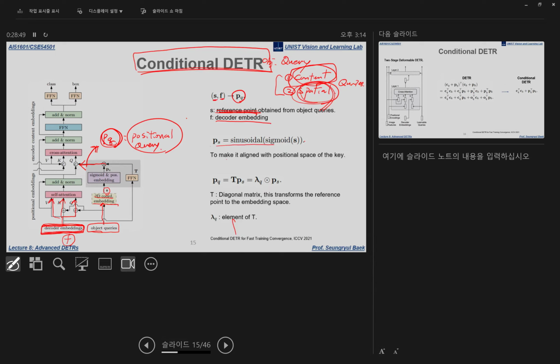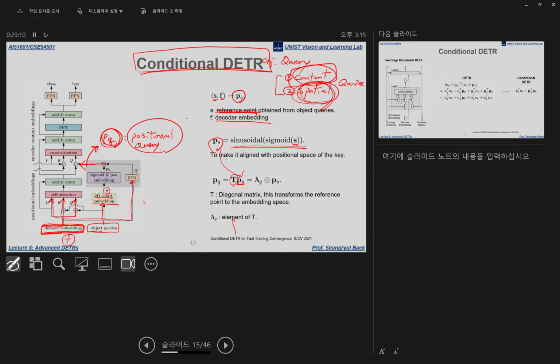And this is how it works. In the middle, we estimate P of S by applying this to the S. And also P of S is coming from here, and T is coming from this part.